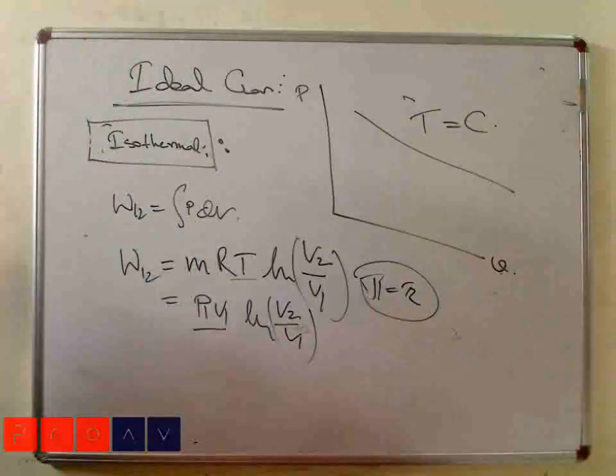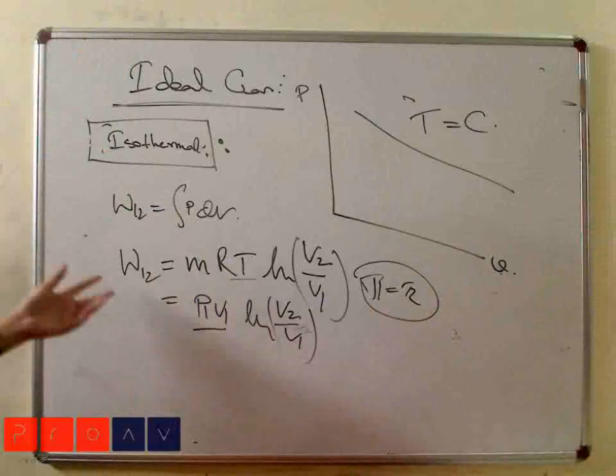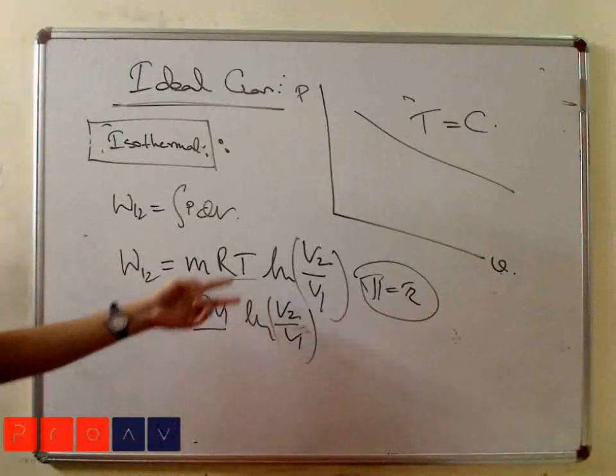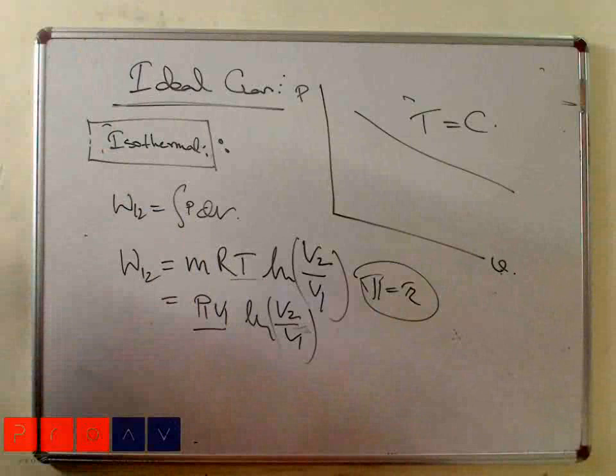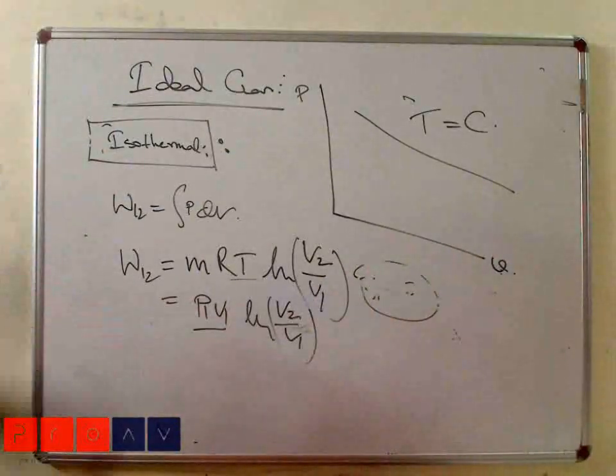Just remember this formula for the isothermal process: work done from 1 to 2 is equal to mRT ln V2 by V1, which is P1 V1 ln V2 by V1.